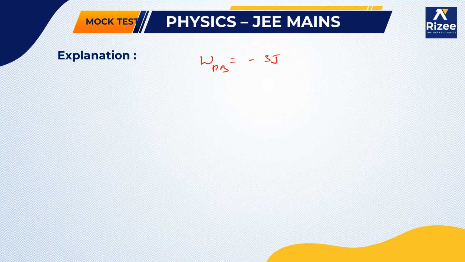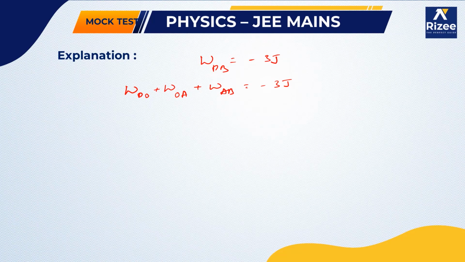So let me take it from D itself. If I divide this total path, the work done from D to O plus the work done from O to A plus the work done from A to B is equal to minus 3 joules. This is the condition I have divided it into.